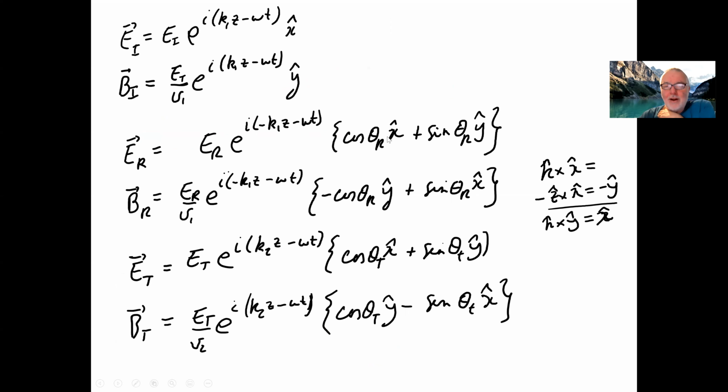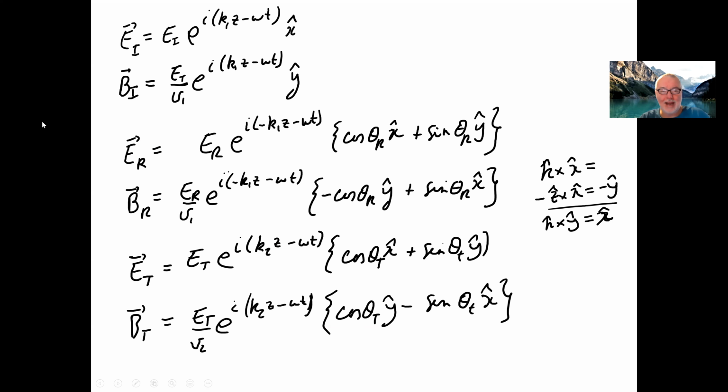So when we do this, my n hat vector is cos theta r times x hat plus sine theta r times y hat for the reflected wave electric field. So I've got E_R, the reflected wave, is equal to the magnitude E_R times e to the i(minus K1 z minus omega t). And again, that's the form of a wave moving in the negative z direction, times this general polarization vector, which is in some direction relative to the x hat direction.